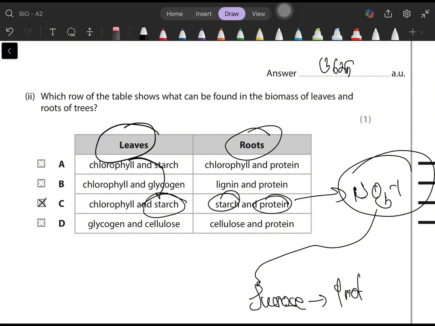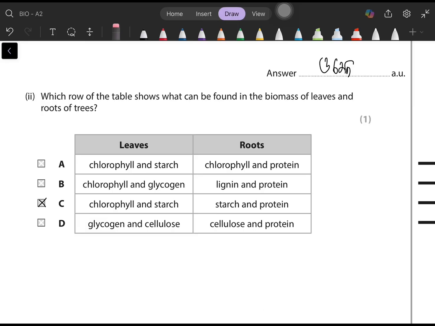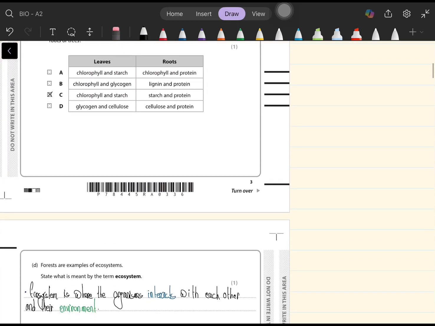So the answer is going to be C. Let's move on to the next part.